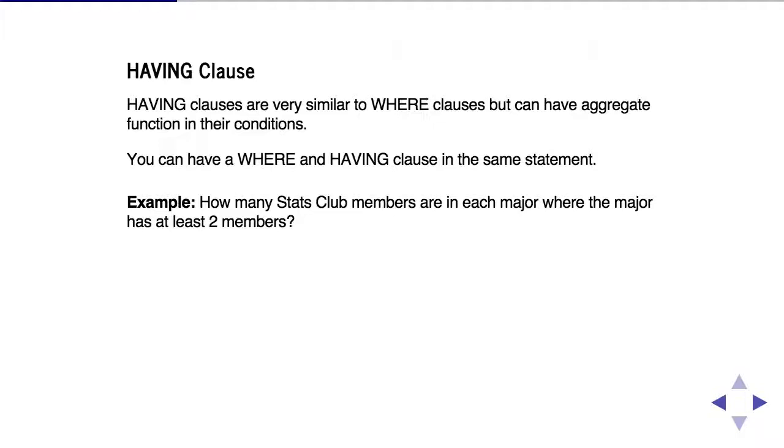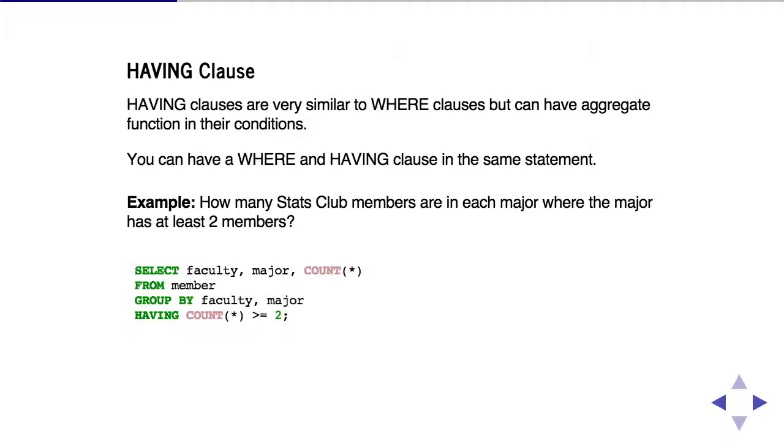So, for instance, how many Stat Club members are in each major, where the major has at least 2 members? So we select faculty, major, and do a count from member, grouping by faculty and major.